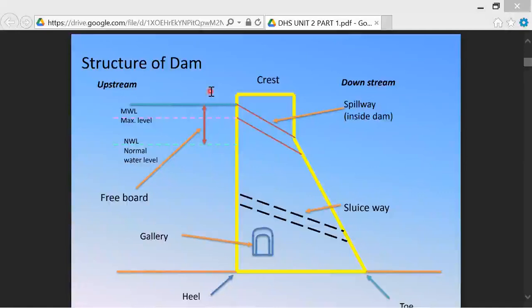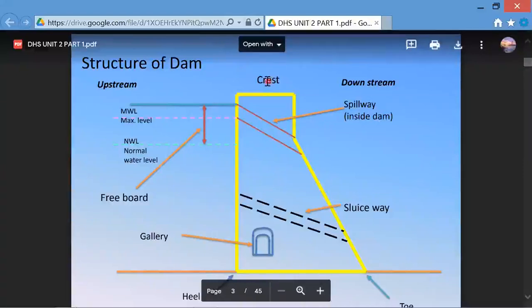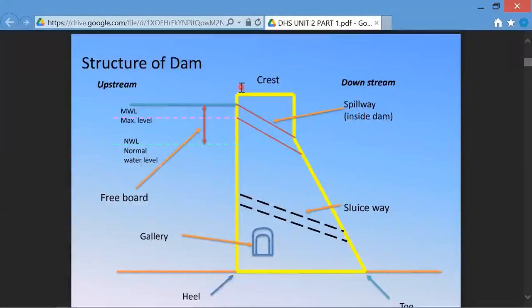This spillway is used to transfer the water from the upstream side to the downstream side. Then maximum level is there, normal water level is there, and above that the HFL is there, that is the high flood level.